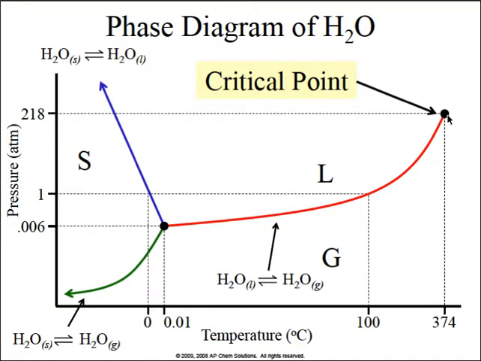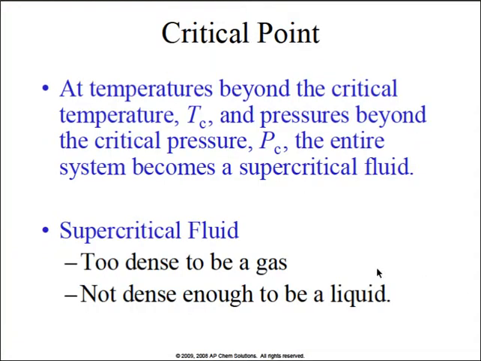Now, at the top of the liquid-gas line there's a point called the critical point. So this is the critical point, and this is the triple point. The critical point is the temperature and pressure beyond which the entire system becomes what we call a supercritical fluid. A supercritical fluid is one of those strange things in nature.